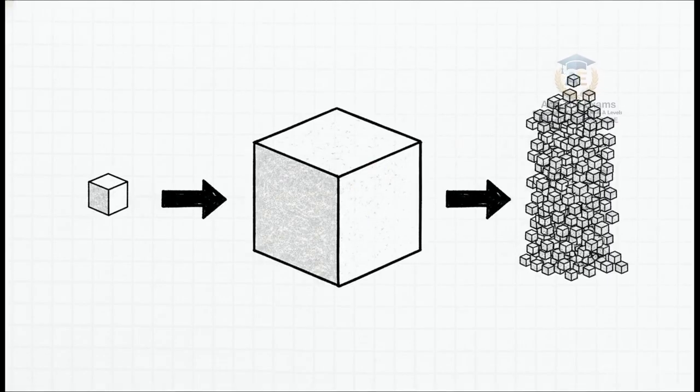Let's apply this to some actual problems you might see. Say you have 2.5 cubic meters. You multiply 2.5 by 1 million to get 2,500,000 cubic centimeters. Easy. But what if we look at a tiny cubic centimeter? Well, it's 10 millimeters by 10 millimeters by 10 millimeters. That means 1 cubic centimeter is exactly 1,000 cubic millimeters.